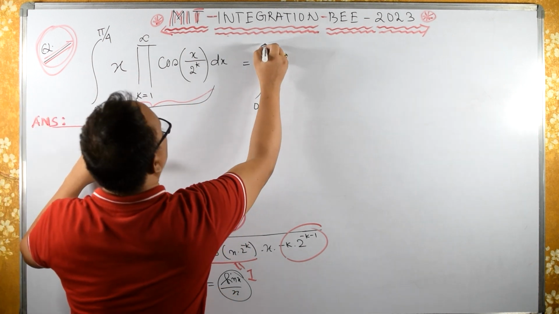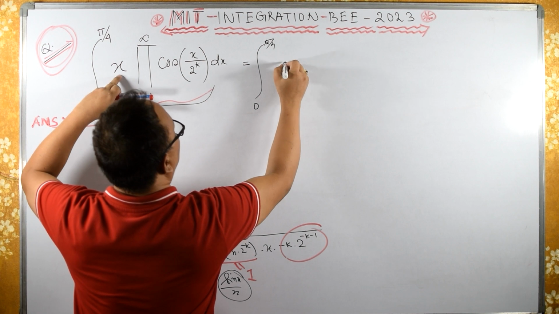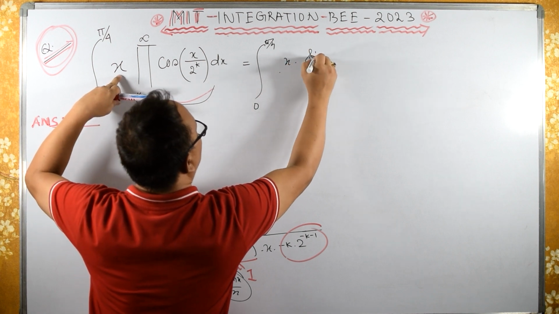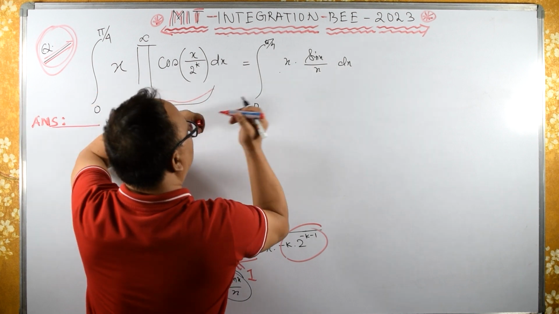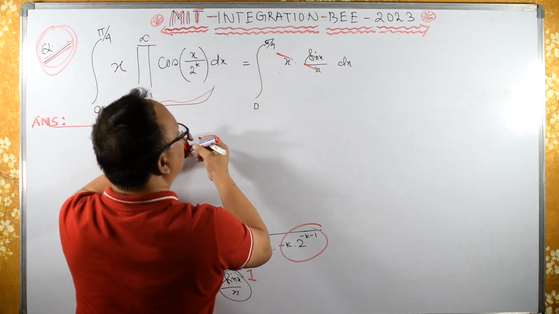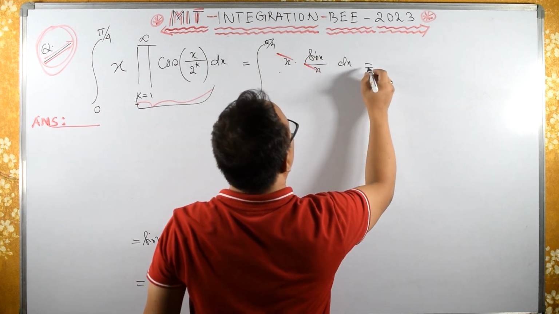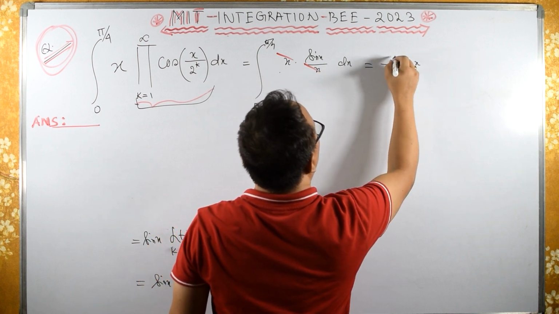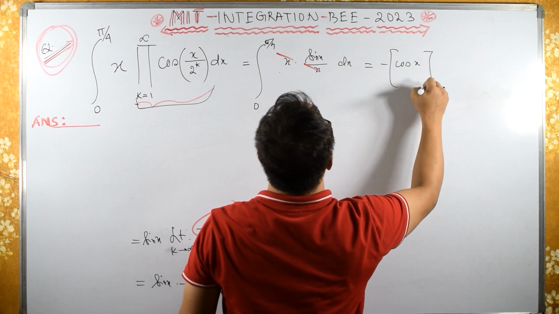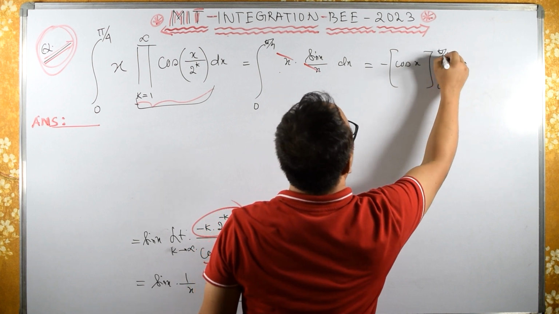Integral from 0 to pi by 4 of x into sin of x upon x dx. So x gets cancelled. The integration of sin x is minus cos of x, with limits from 0 to pi by 4.